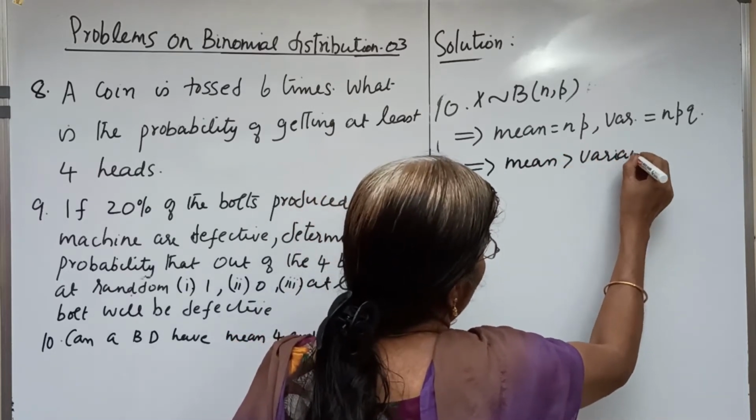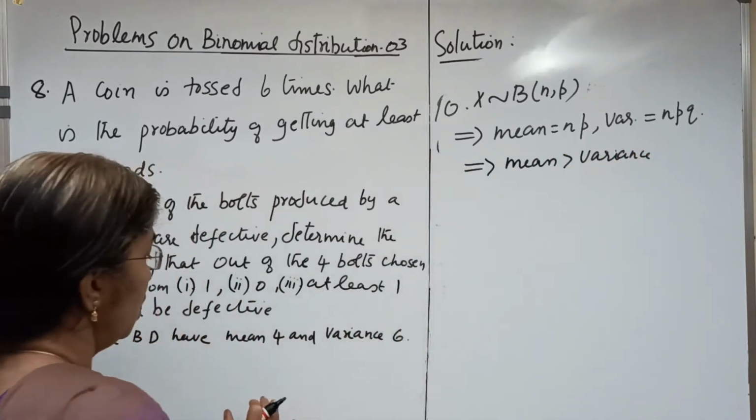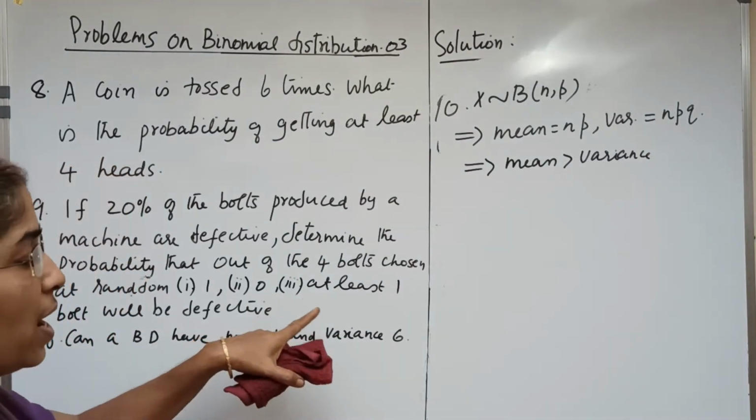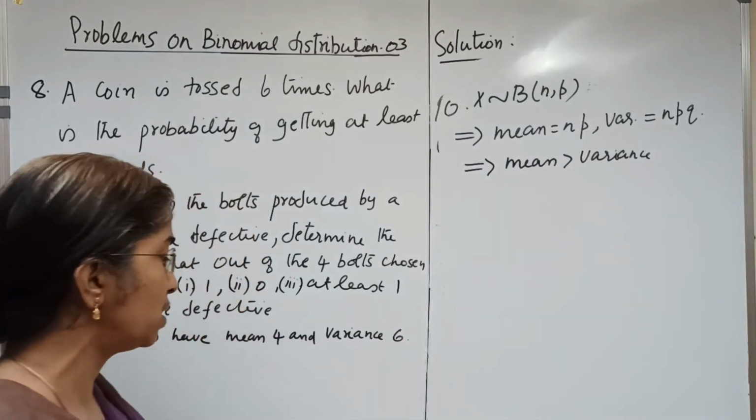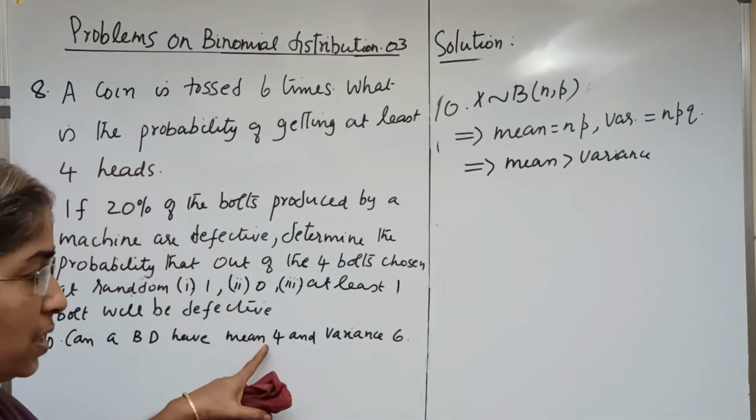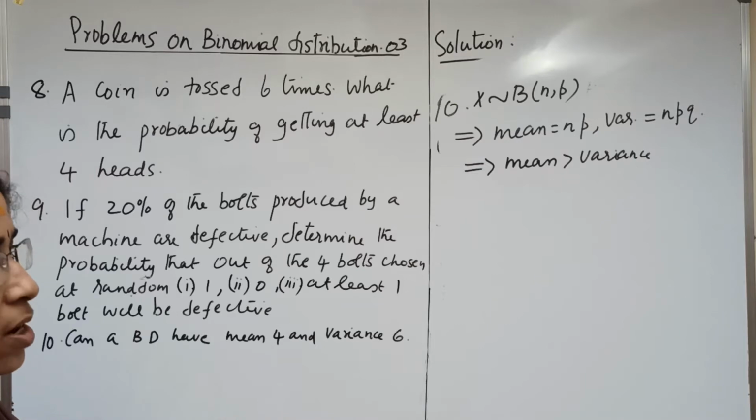Now here, what about the values? Here, mean equal to 4 and variance equal to 6 is a contradiction to this result. Here mean is less than variance. As it is not possible, the statement is not true.